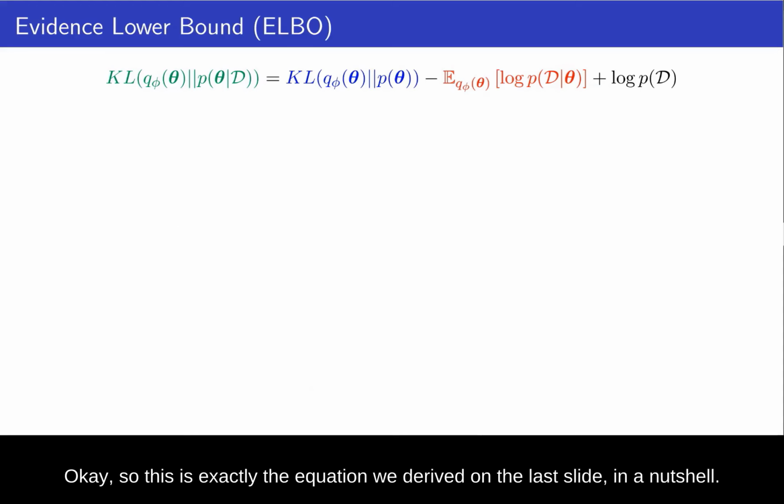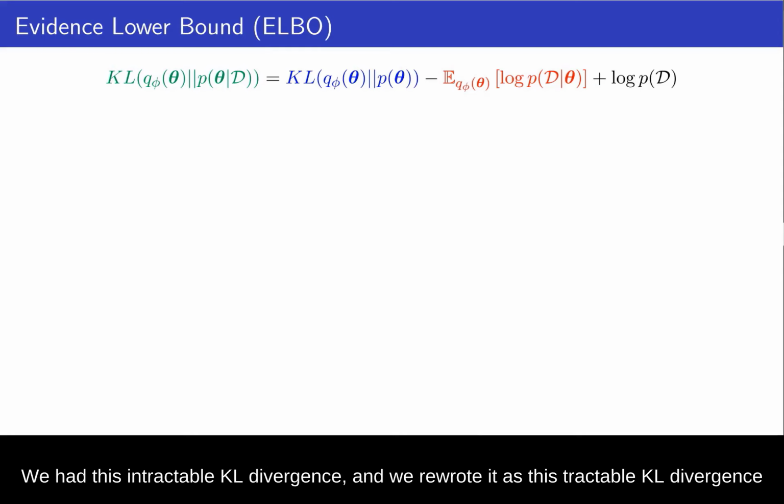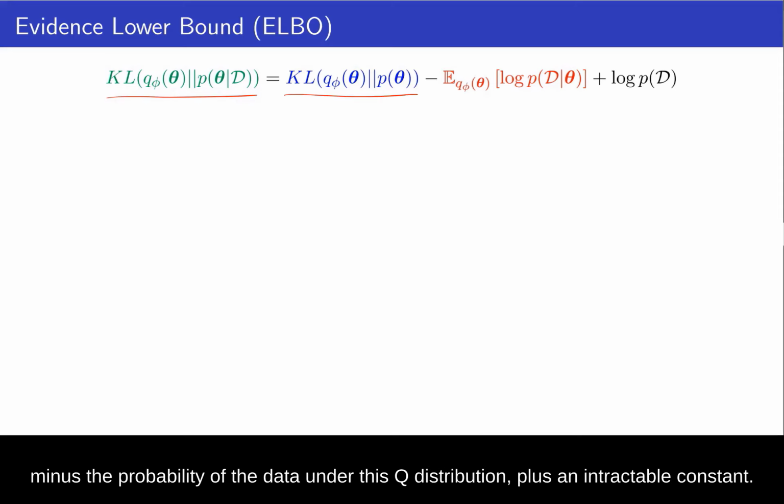Okay, so this is exactly the equation we derived on the last slide in a nutshell. We had this intractable KL divergence, and we rewrote it as this tractable KL divergence minus the probability of the data under this Q distribution, plus an intractable constant.